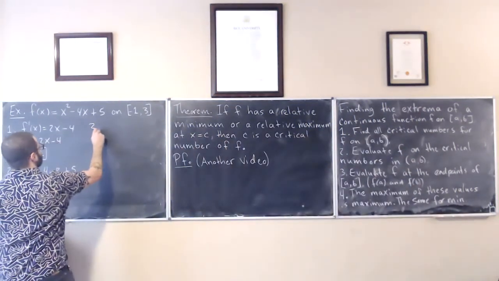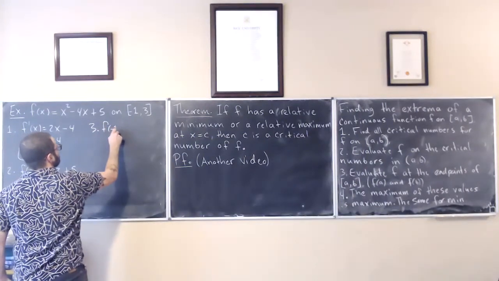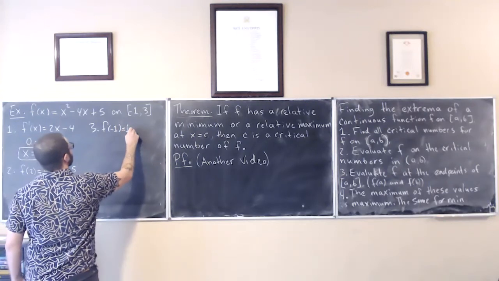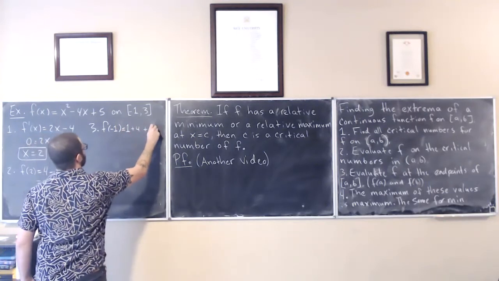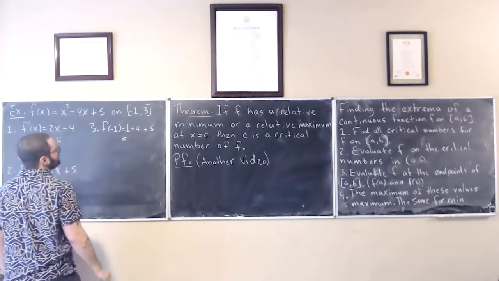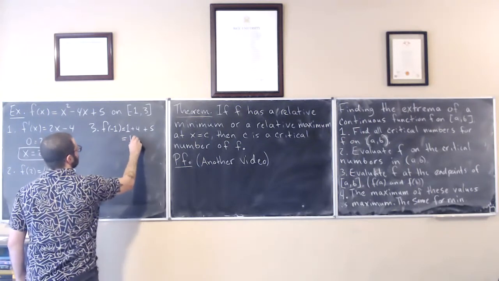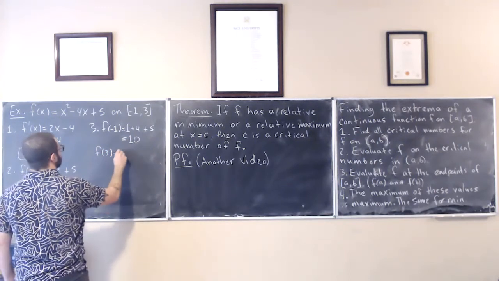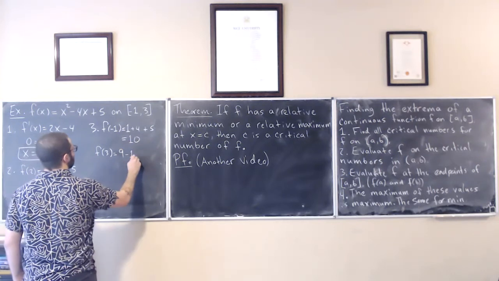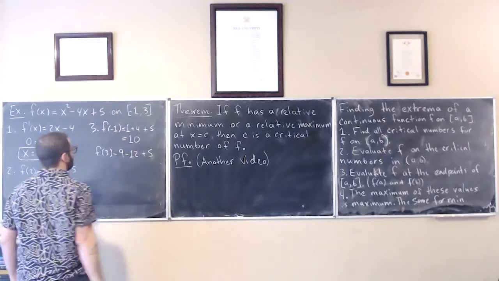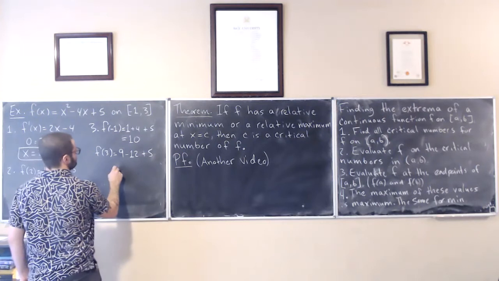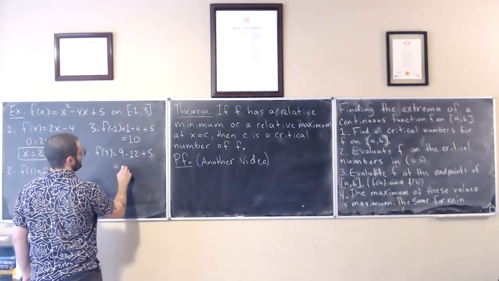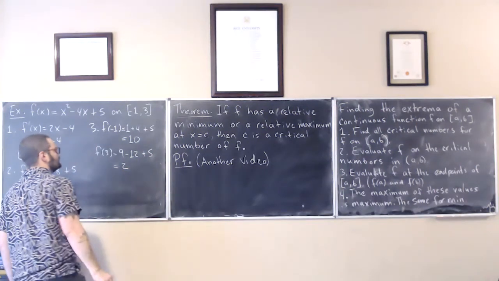So f(-1) is equal to 1 plus 4 plus 5. Okay, so that's 10. And then f(3) is going to be 9 minus 12 plus 5, so that's 2.